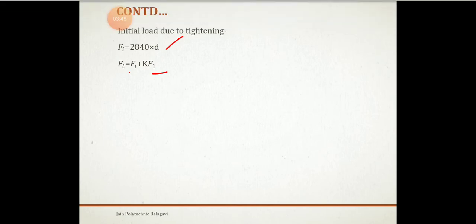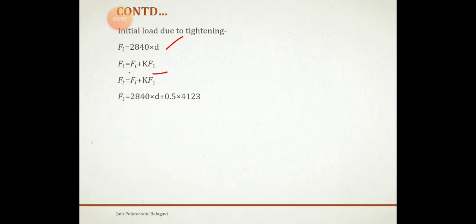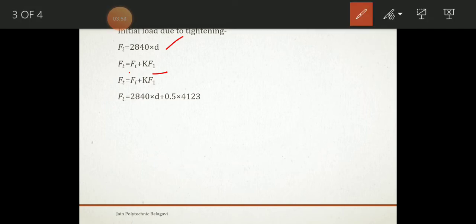We'll substitute the values now. Ft, that we have to find out. Fi is the load due to the initial tightening, this. 2840 into D plus K. K is what? We have the soft copper gasket for a leak proof joint, and for that K is equal to 0.5.